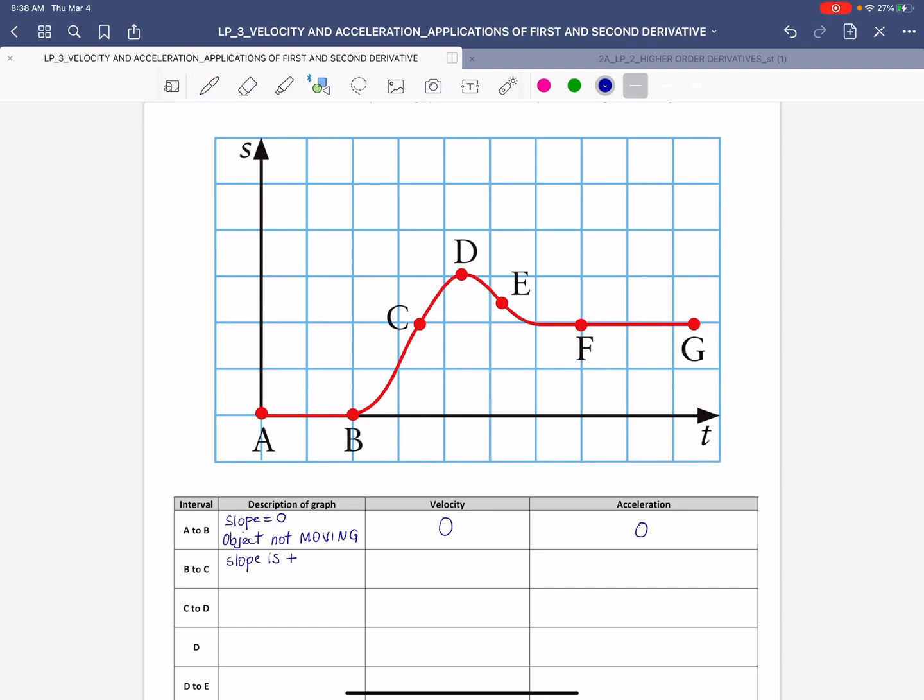And if you look at the slope at the beginning of the motion, say close to point B, and the slope at point C, you will see that the slope is increasing in value.